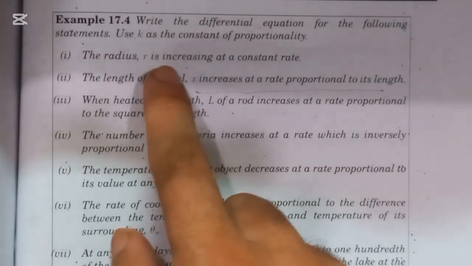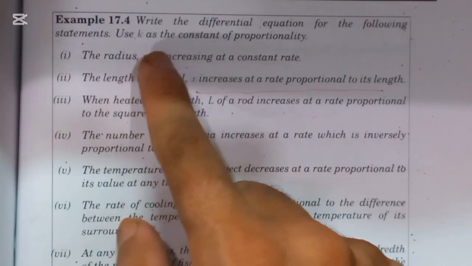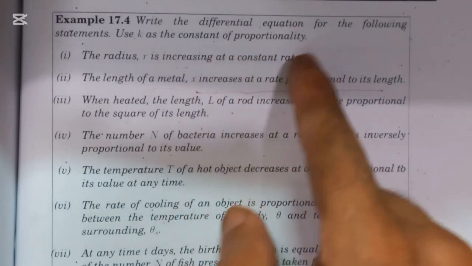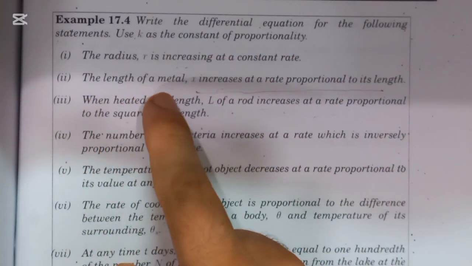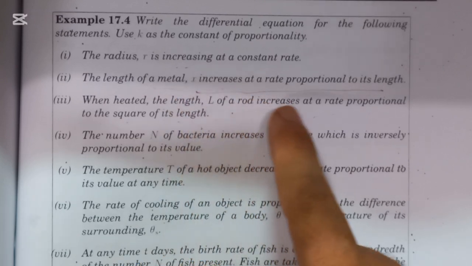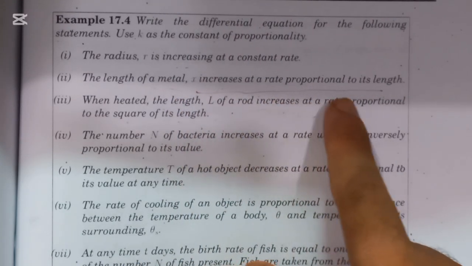Now look, write the differential equation for the following statement using k as the constant of proportionality. We are starting from the second part. The length of the metal x increases at a rate proportional to its length.